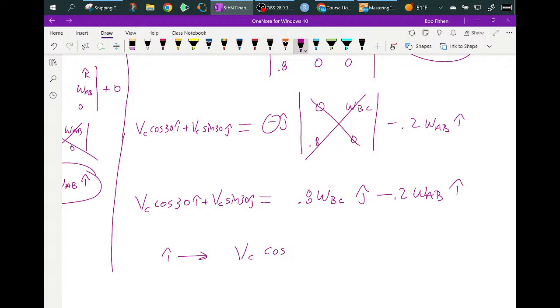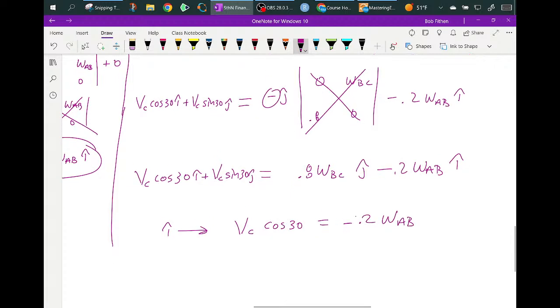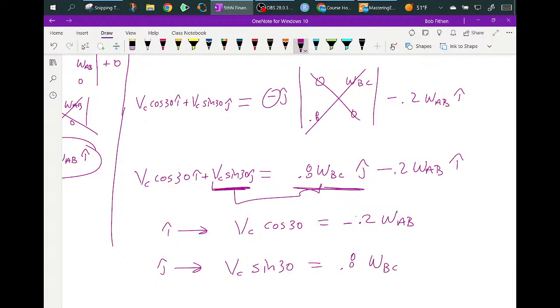VC cosine 30 equals minus 0.2 omega AB. That's for the I component here and the I component there. The J component should give you this and this. VC sine of 30 is equal to 0.8 omega BC.